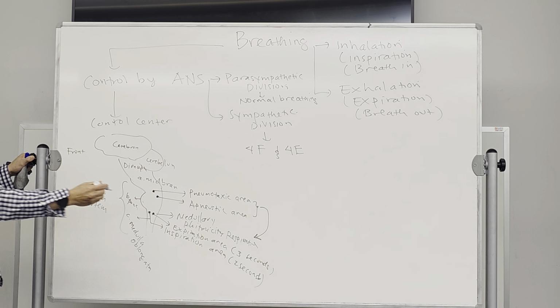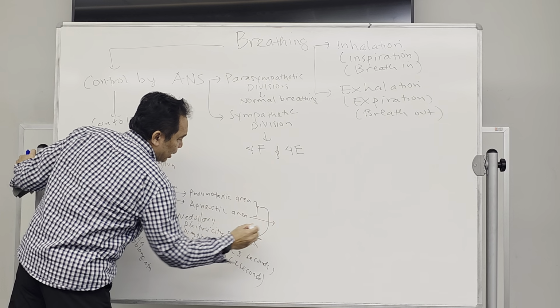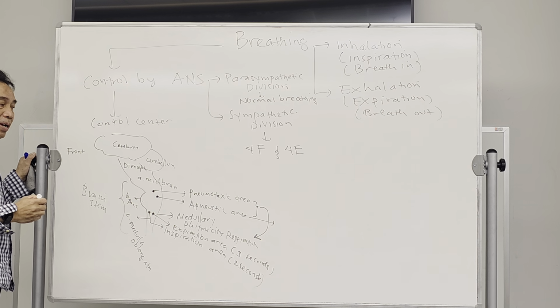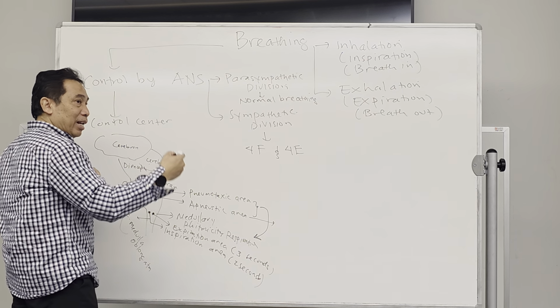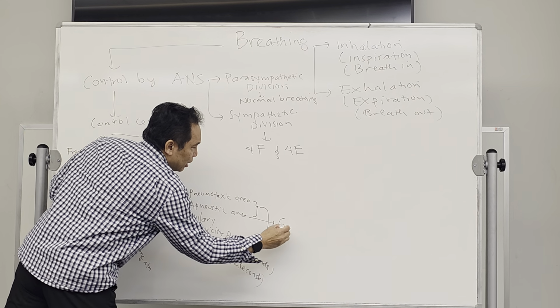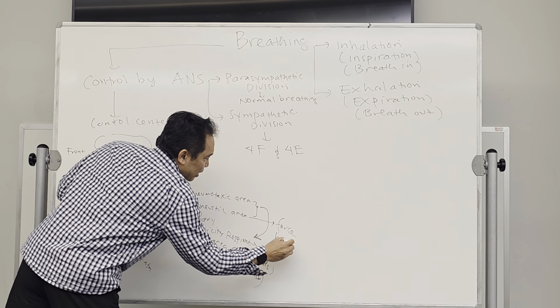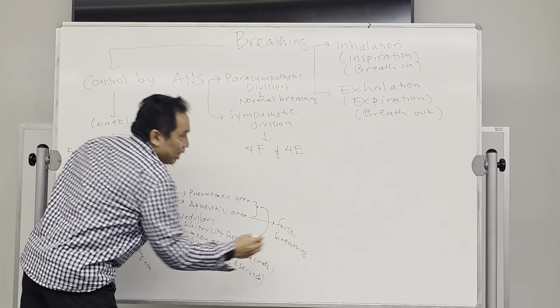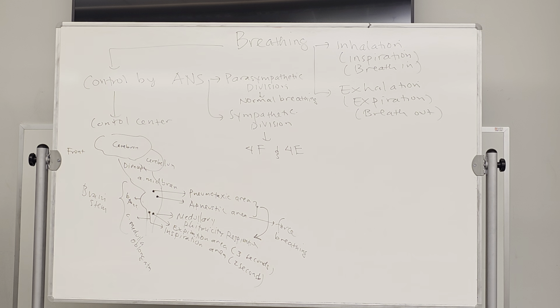But especially the apneustic area will help us when we need more air, during forced breathing. For example, when we do exercise, we automatically increase our breathing. You know it, right? When you do exercise, you need more air.